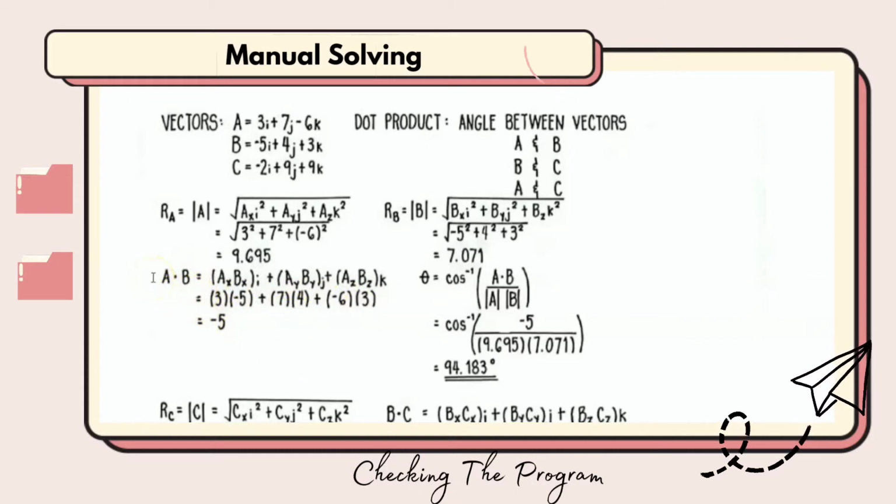After multiplying the two vectors, you can now get the angle between them.